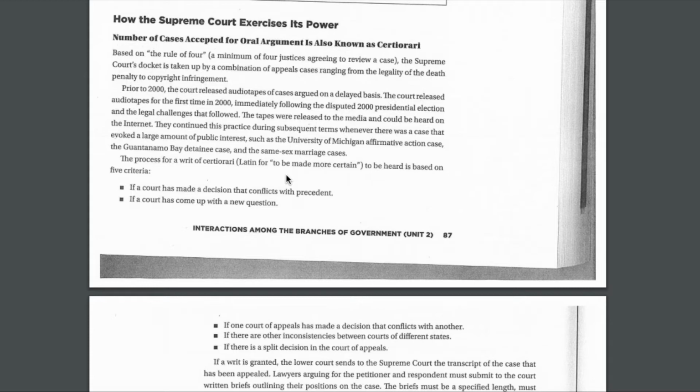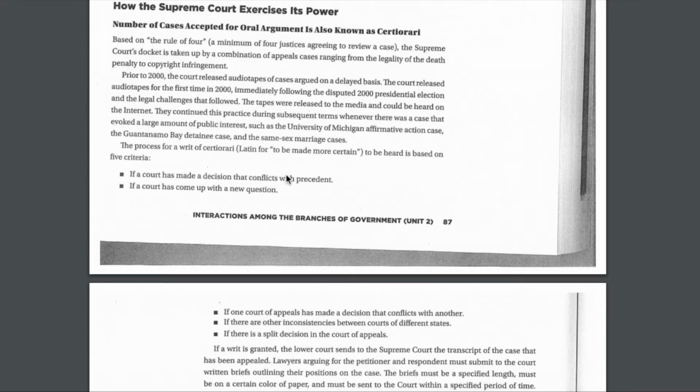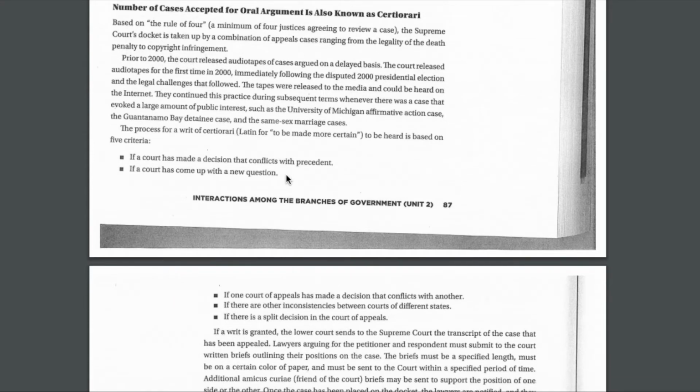Then arguments are made, and they go back and forth. The process for a writ of cert to be heard is based on different criteria. So will they hear this case and actually have oral arguments? Is there any conflict with precedent and things like that?